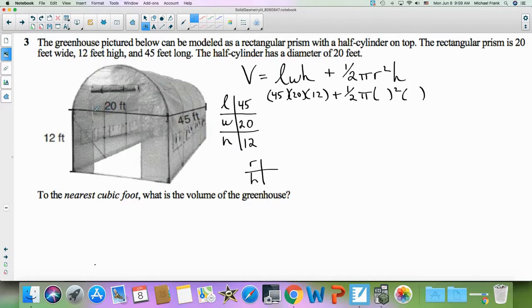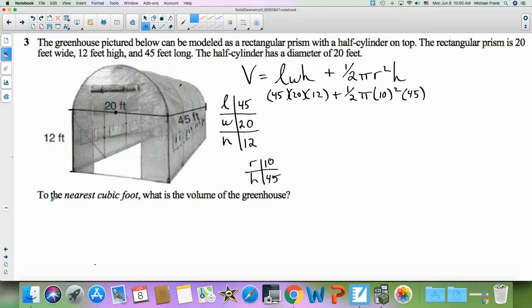Well, they gave us the diameter of 20, which means the radius is going to be half of that, which is 10. And the height is really, if you stood up a cylinder on its base, which is a circle, how far back it goes to the other half circle, in this case 45. So I'll put a 10 in here and a 45 in there.